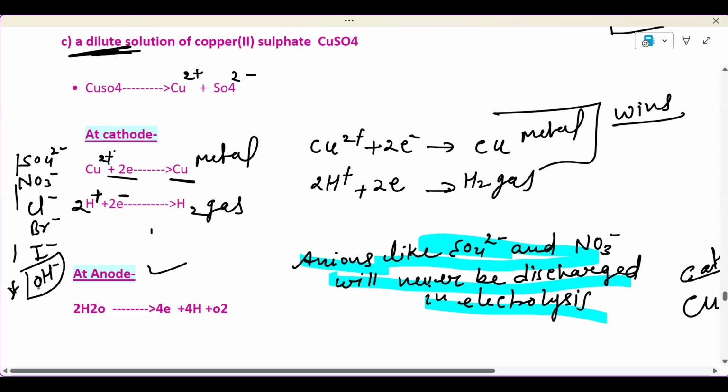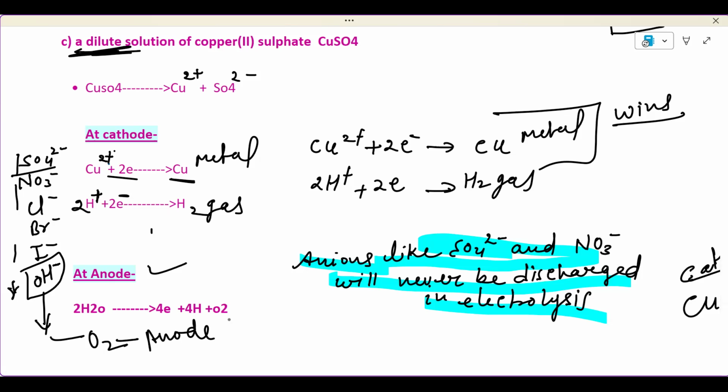So the rule is saying that hydroxide, OH-, should lose its ionic form, and it is a dilute solution, right? It means we have more number of hydroxide ions in the solution. So instead of sulfate, hydroxide is going to lose its ionic form. It discharges and gives oxygen at anode, right?